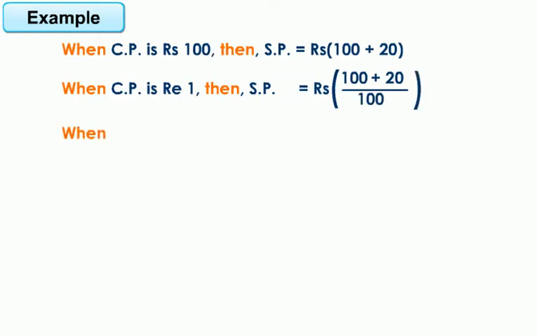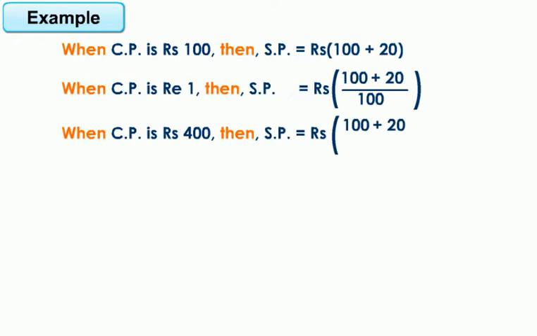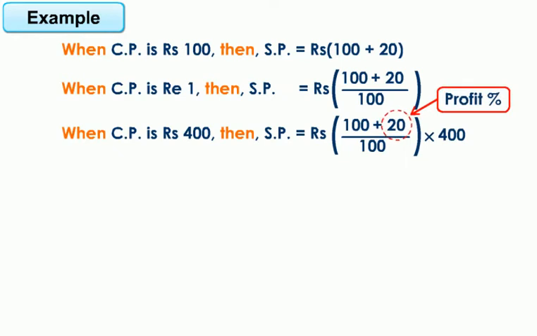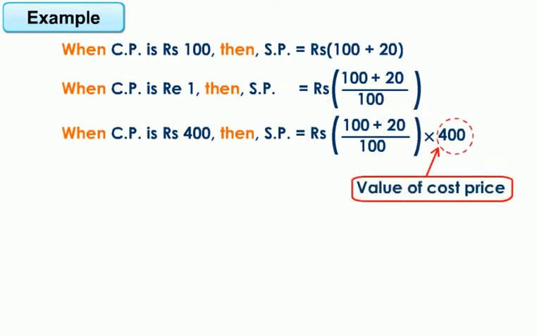When cost price is rupees 400, then the selling price is equal to rupees 100 plus 20 divided by 100 into 400. Here 20 is the profit percent and 400 is the value of cost price.